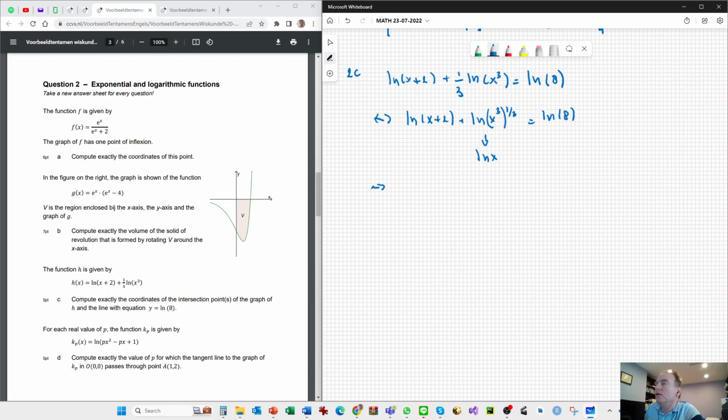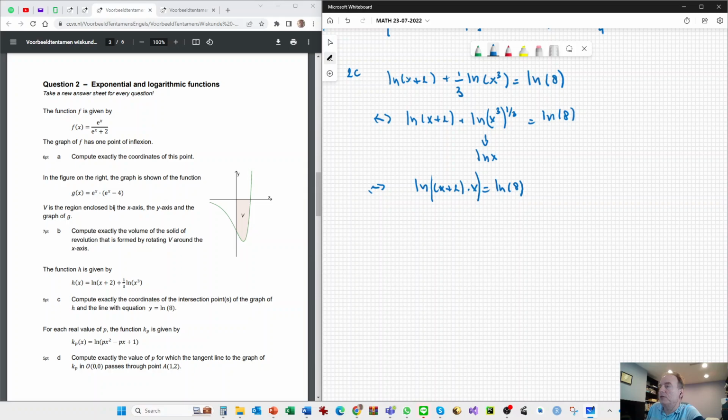So then you can have the sum of two logarithms. That's the logarithm of the product of these, the arguments. So this means log x plus 2x is log 8. And so this is the log taken overall.